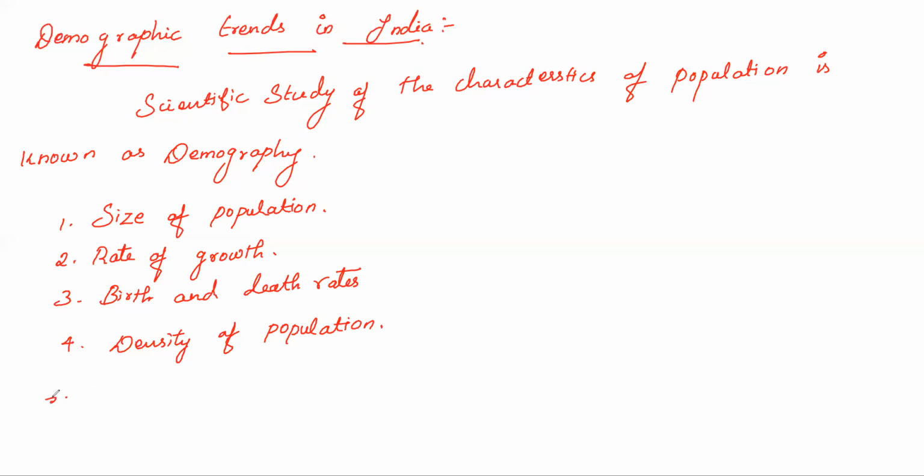Fifth one, sex ratio. Then sixth one, life expectancy at birth. Then seventh one, literacy ratio.